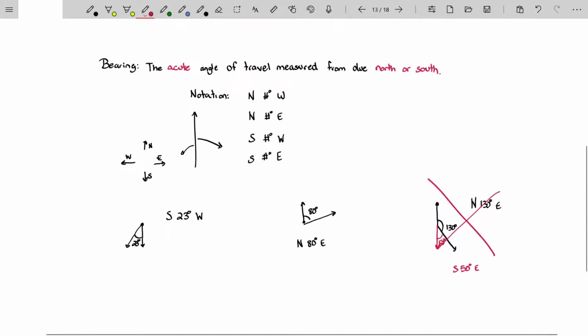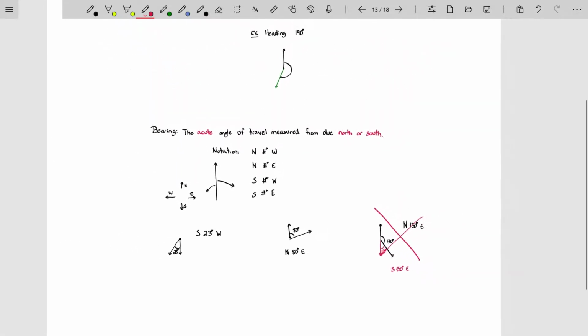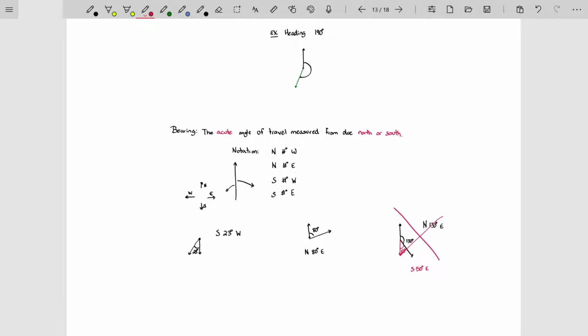So notice the differences in these definitions from your base trigonometry. This is the only time in trigonometry you'll be measuring from something other than a horizontal axis. When you're doing heading and bearing problems, you're always measuring from a vertical axis, which presents a level of confusion for students.